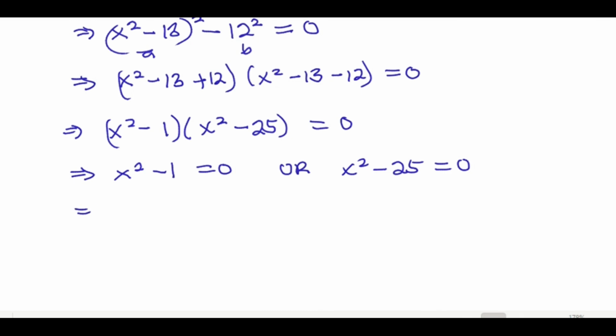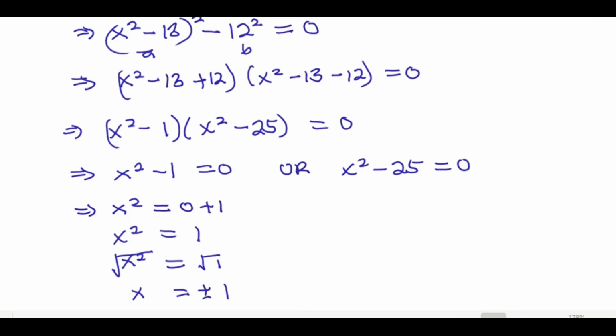Here we have x² = 0 + 1, so x² = 1. We take the square root of this, so we have x = plus or minus 1.